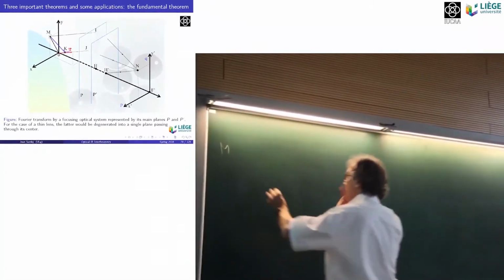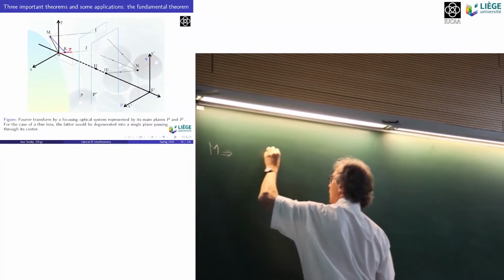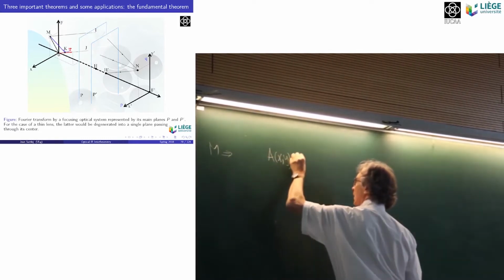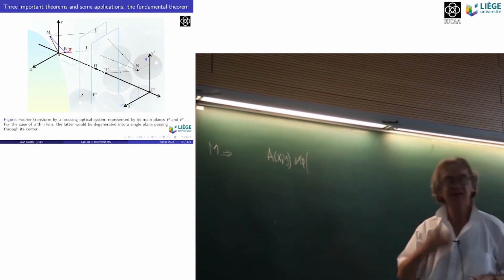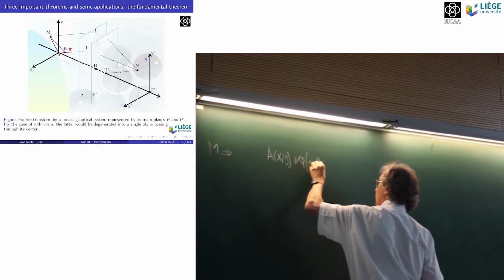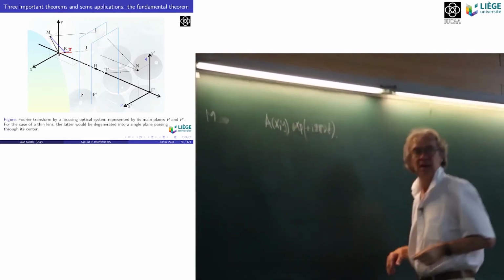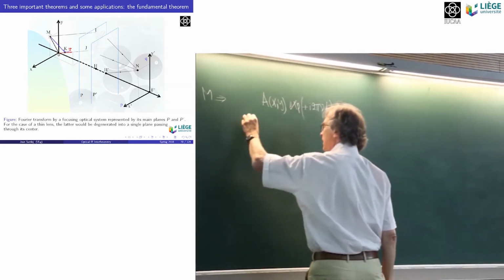I can say the field of radiation is a complex amplitude, and since it is monochromatic, I know that it oscillates with the frequency nu. Now the complex amplitude I may rewrite as follows.